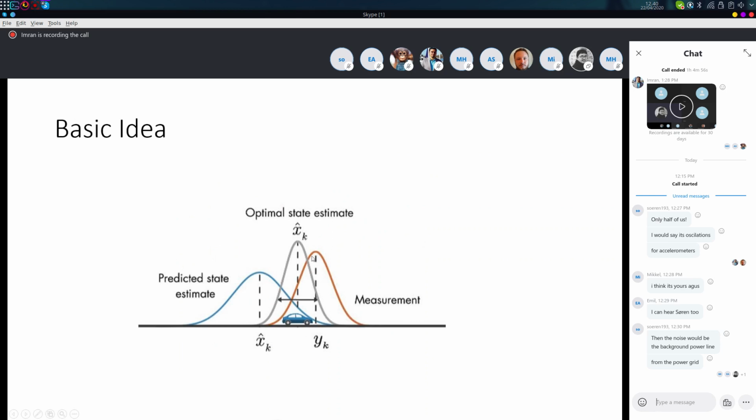So let's say the brown one is from IMU, and the reading from your IMU is, let's say, 13 meters. So from your model you get 10 meters, but from your IMU you get 13 meters. And you know also that your IMU has some degree of uncertainty, meaning the actual position could be here, or could be there also.